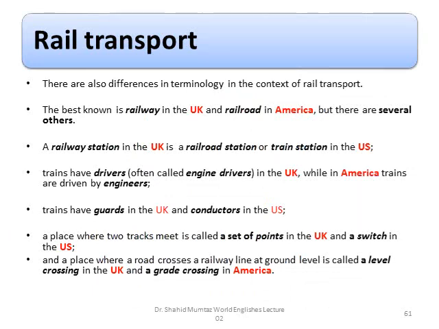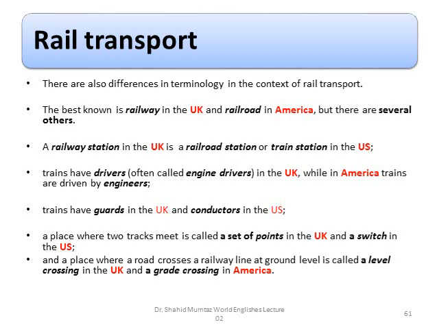Okay. Rail transport. There are also differences in terminology in the context of rail transport. The best known is railway in the UK and railroad in America, but there are several others. A railway station in the UK is a railroad station or train station in the US.